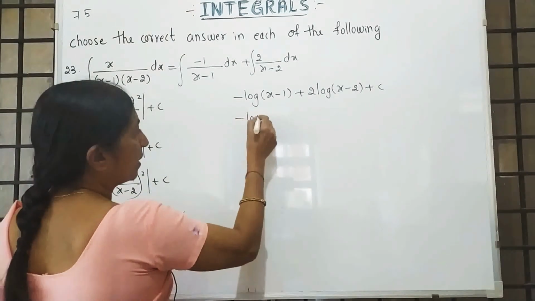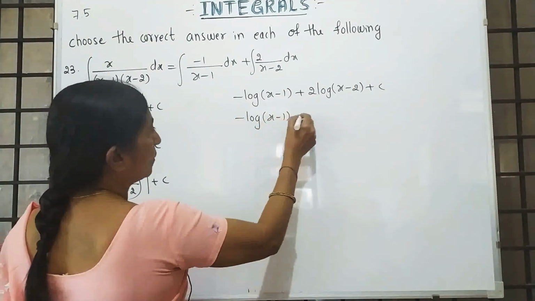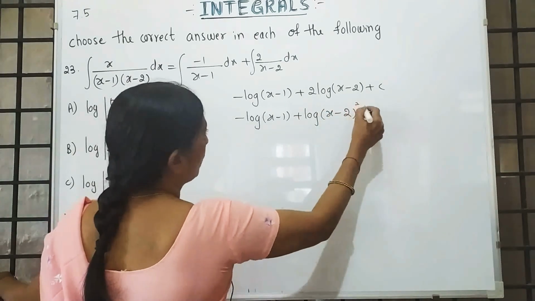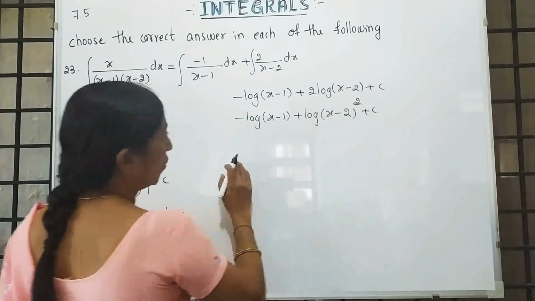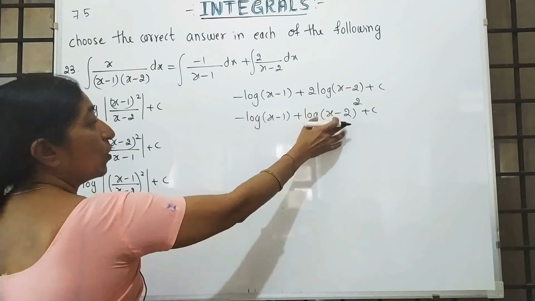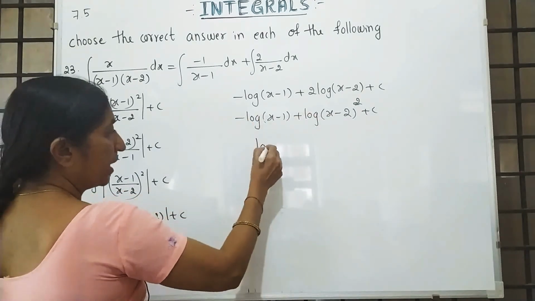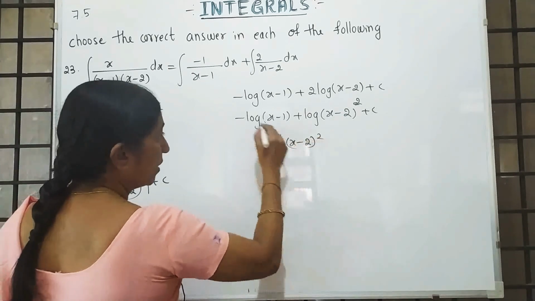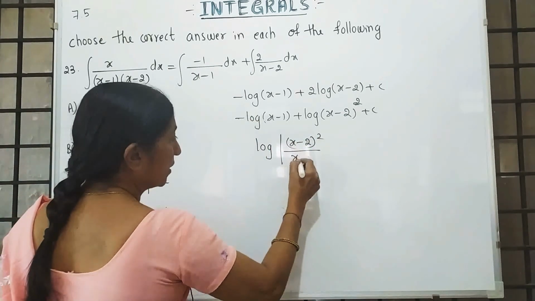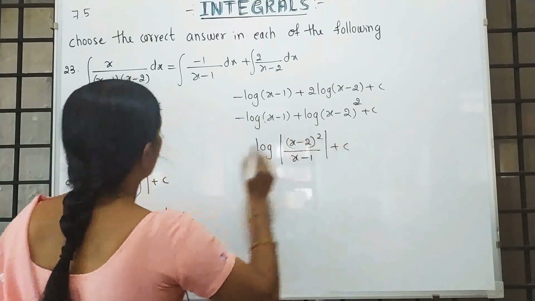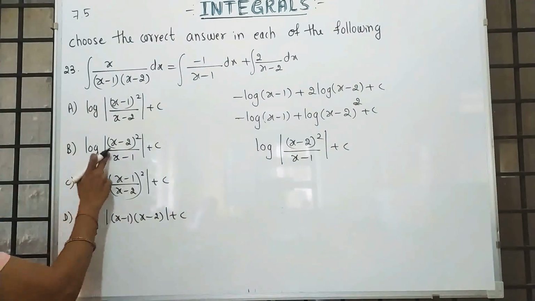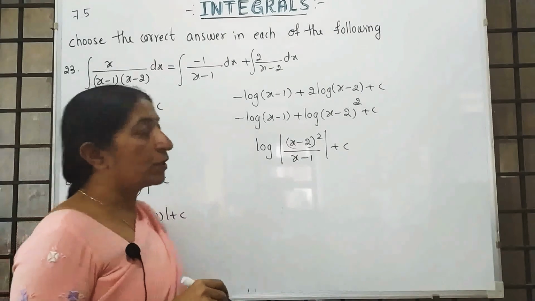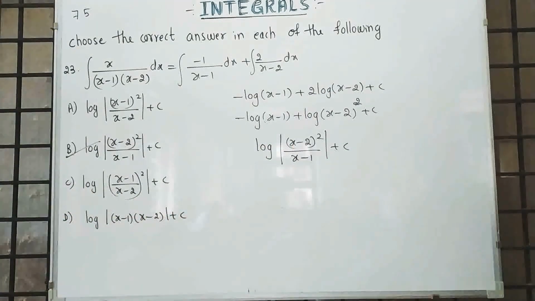This will be written as log of x minus 1 plus log of x minus 2 whole square, applying the properties of log. Now they are in the form of log m minus log n. Final answer is log of x minus 2 whole square, because of minus it comes in the denominator, upon x minus 1 plus c. Moving to the next multiple choice question.